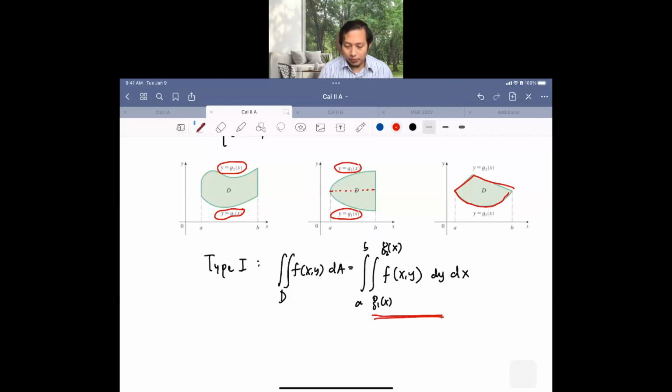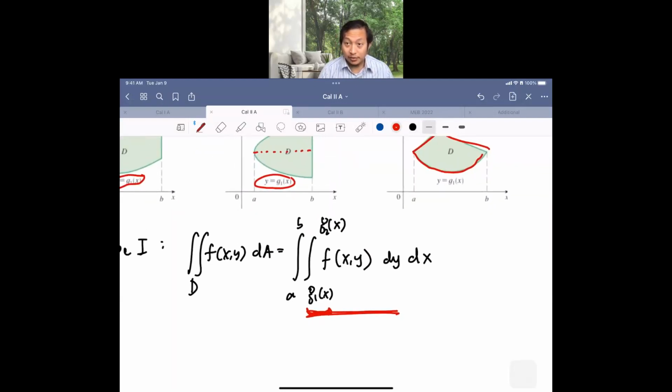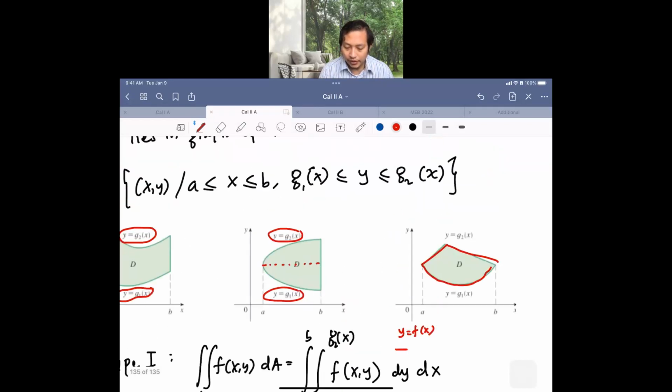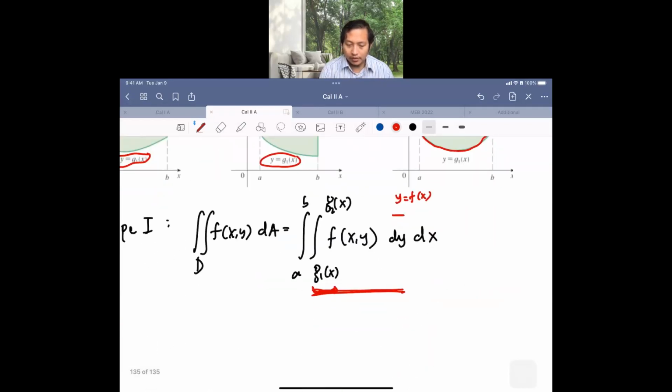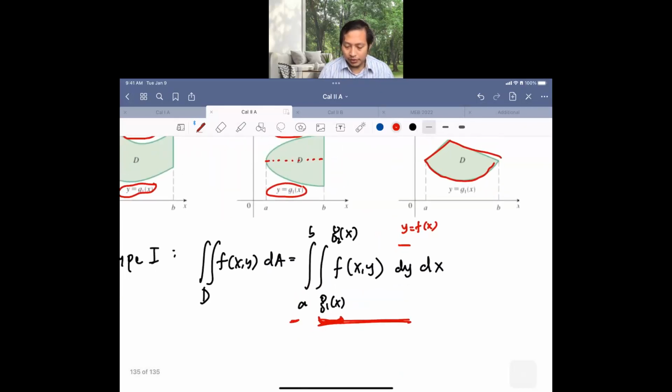Remember, because we are going to evaluate this function of x, to make it make more sense for our calculations, this is supposed to be dy, because y is a function of x, right? That's in the definition here, the domain. So we can put the x as the outer integral like that.